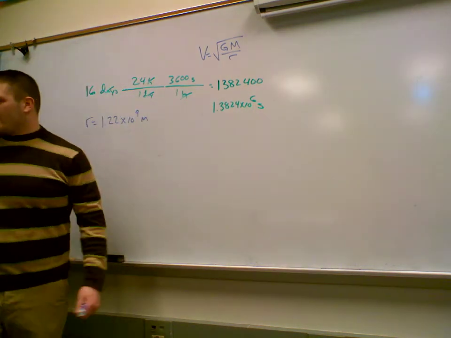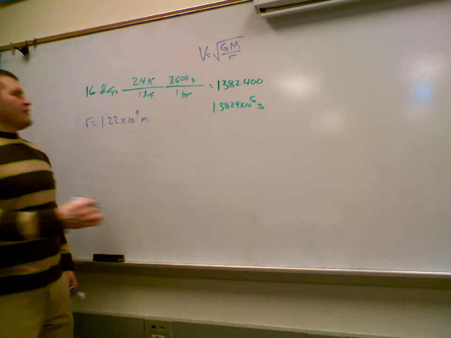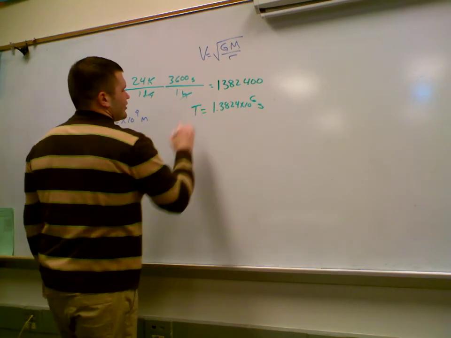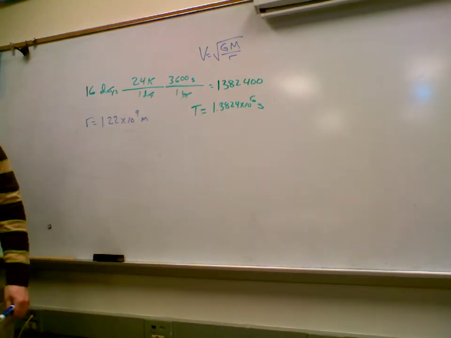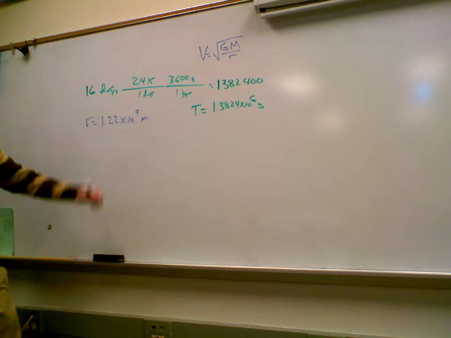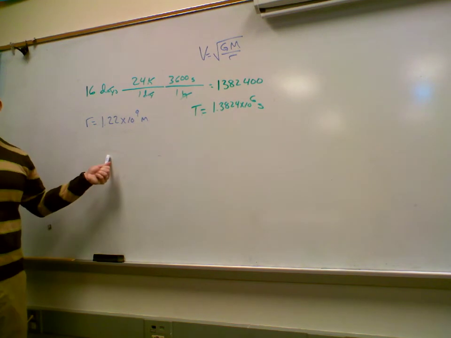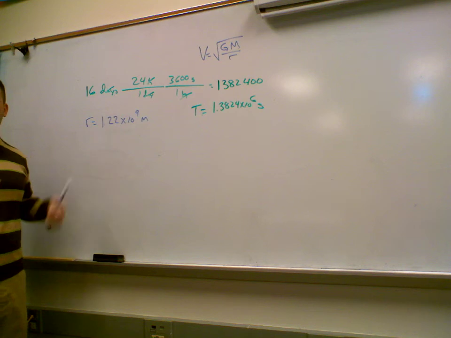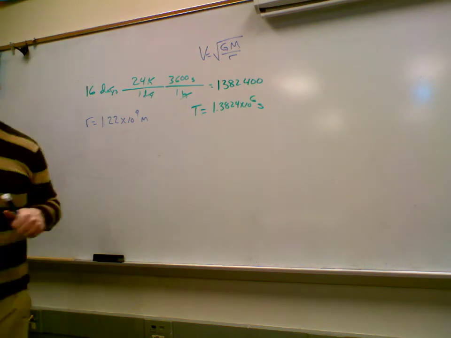I think it makes it less complicated, right? So this is our orbital period, and this is our radius. So what can we find using those two things?